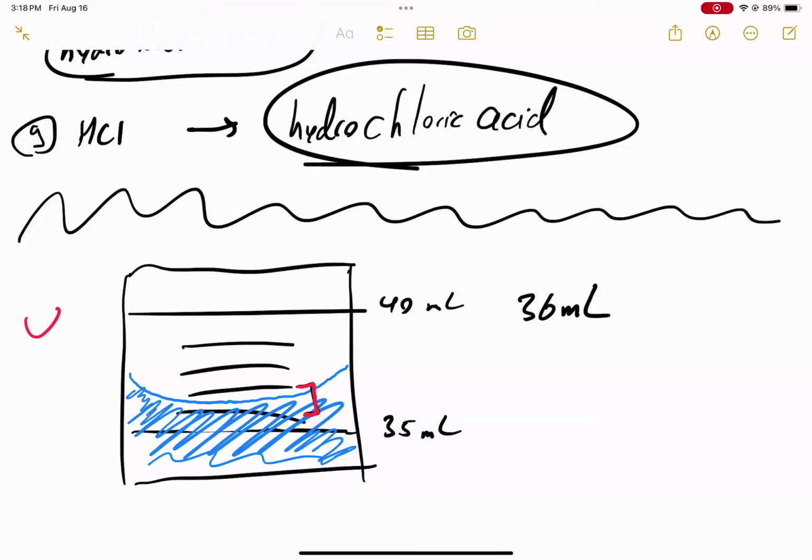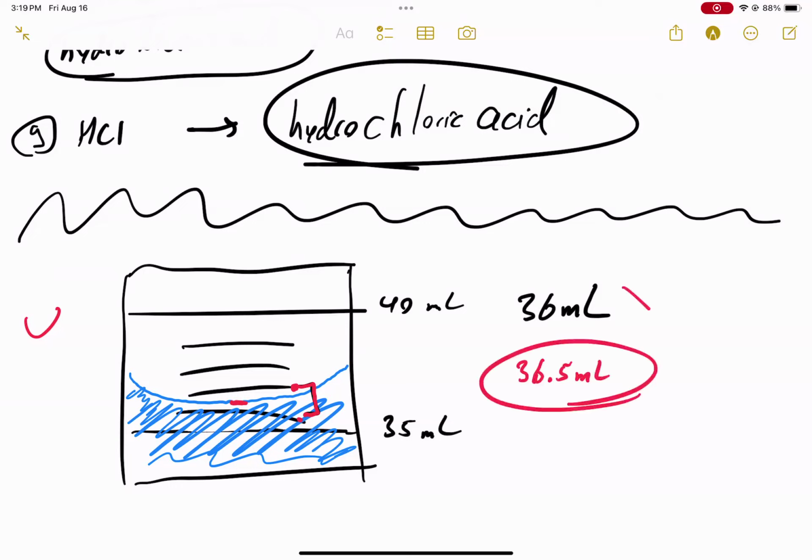We see it is in between this 36 mark and 37 mark. So then because of that, I will estimate that to be around the half mark between 36 and 37. So really, if I want to report the number, I will report 36.5 milliliters instead of the 36.